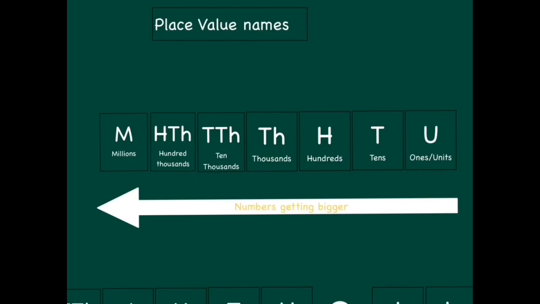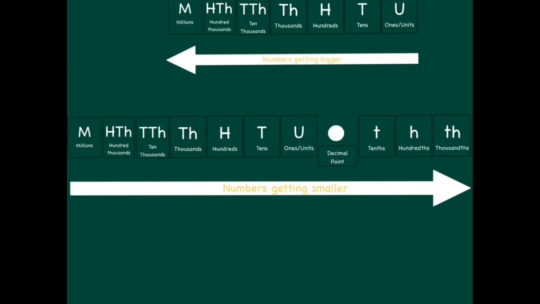So what happens when we go in the opposite direction? Numbers are infinite, they keep going this way, but they can also go the opposite way. Let's take a look at that. If we divide 1,000,000 by 10, we get 100,000. If we divide 100,000 by 10, we get 10,000, and so on down our place value columns.